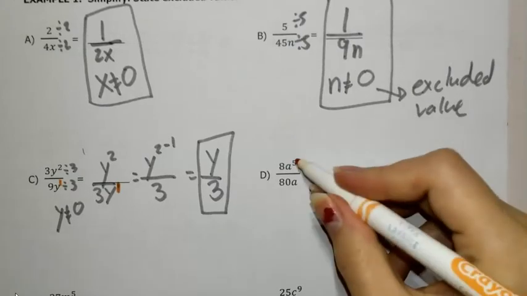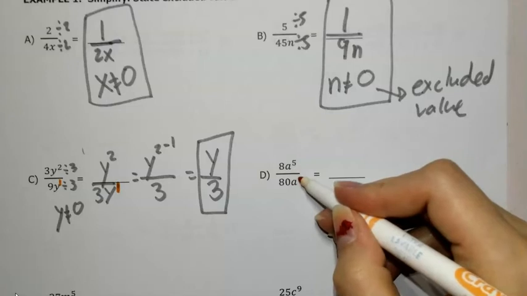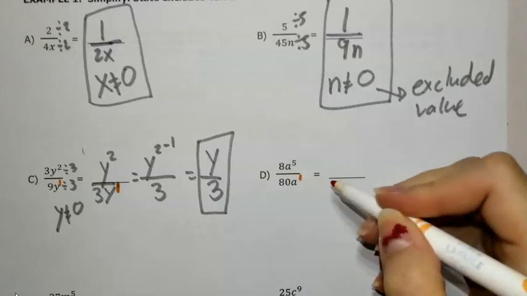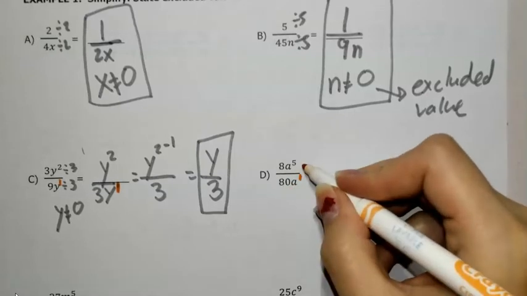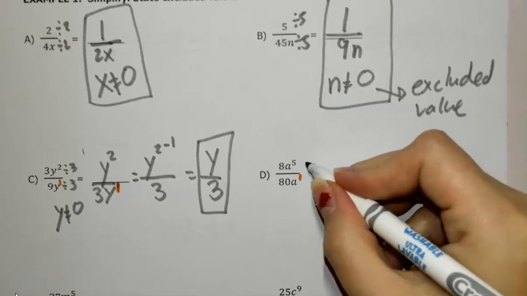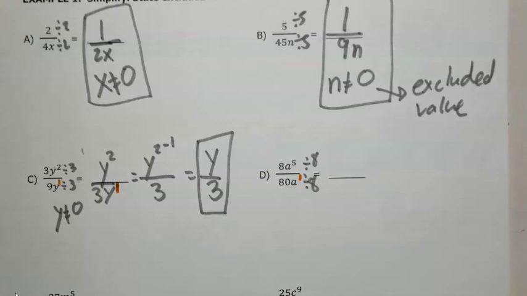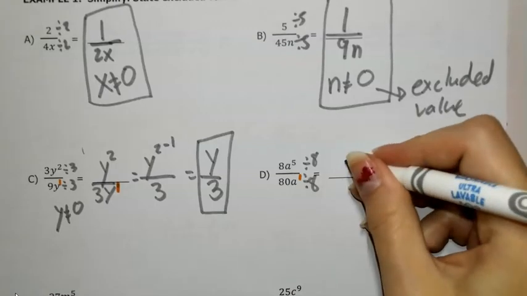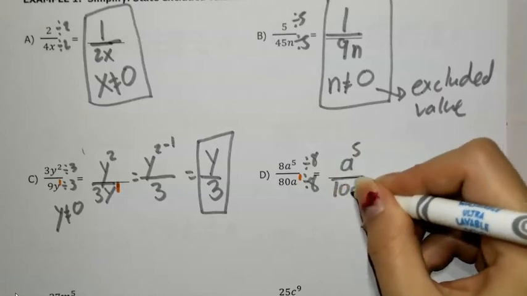So what would it be on this one? What's the exponent of this a? 1. And what can we divide by for 8 and 80? Yeah, we can divide by 8. You don't have to do 2, 2, and 2. You could just divide out 8. So we have 1, a to the 5th over 10a.